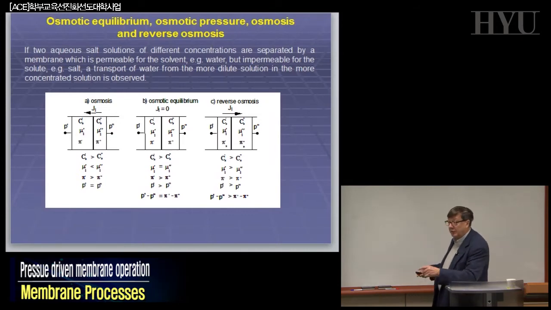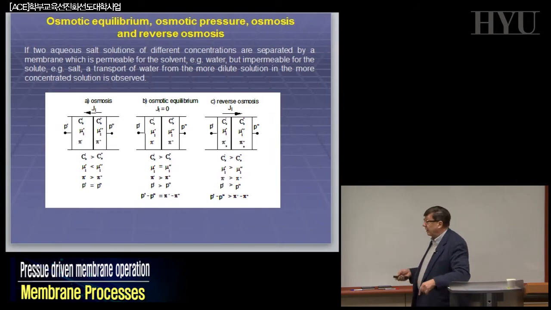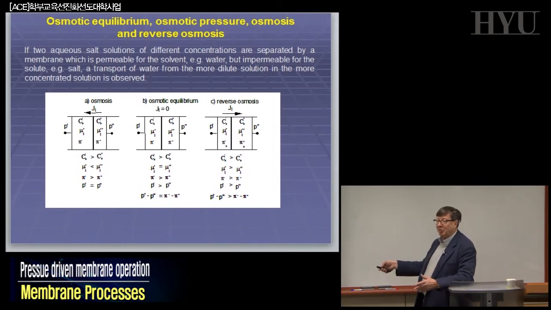The case that we like today is the case of reverse osmosis. In reverse osmosis, what we want to do is to extract fresh water from the sea, just the opposite of what is happening in normal osmosis.